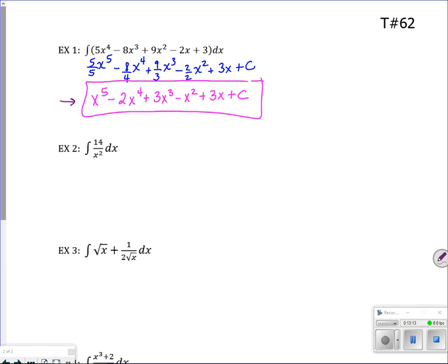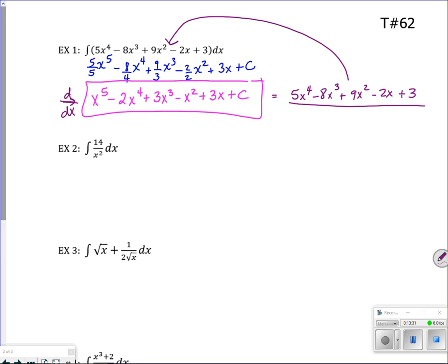Do you see that the derivative of this thing with respect to x would be 5x to the 4th minus 8x cubed plus 9x squared minus 2x plus 3, and lo and behold, this and this are the same thing, so I know I have the right answer. That's what you're doing. You are taking the integral, or you are finding, again, what's called the antiderivative of that expression.